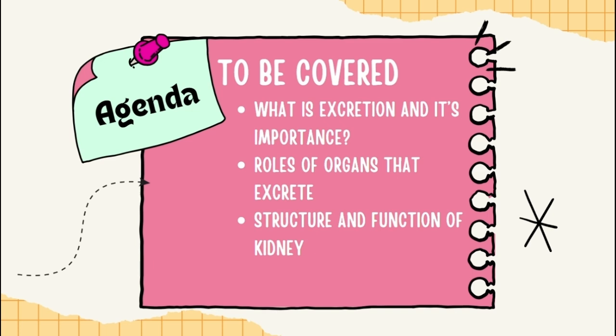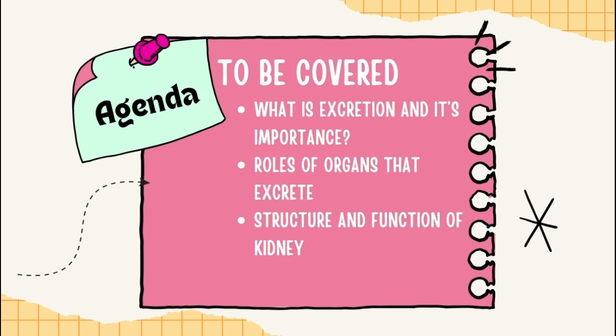So anyways, this is the plan. We talk about what excretion is and its importance, and the roles of the organs that excrete substances in the body. Don't mix up secrete and excrete. When something excretes, we're talking about waste, something we're trying to get rid of. The word secrete works more with hormones and things that actually serve a function in the body.